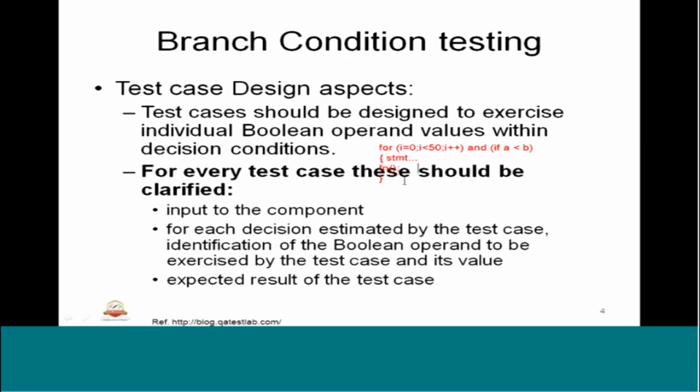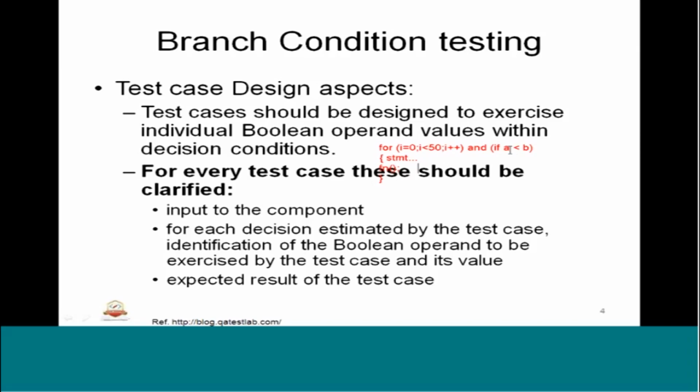So we know that for individual statements, we have statement coverage, and we know that there is a block. If A less than B, we are going to do it, and if true, this will be done. If false, this will not be executed.